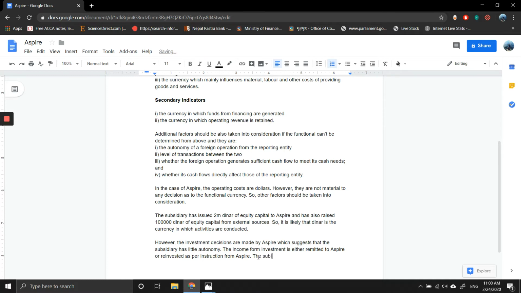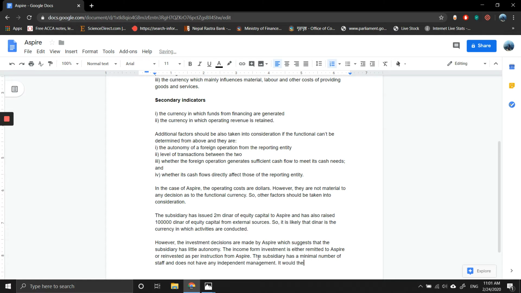And the subsidiary has a minimal number of staff and does not have any independent management.